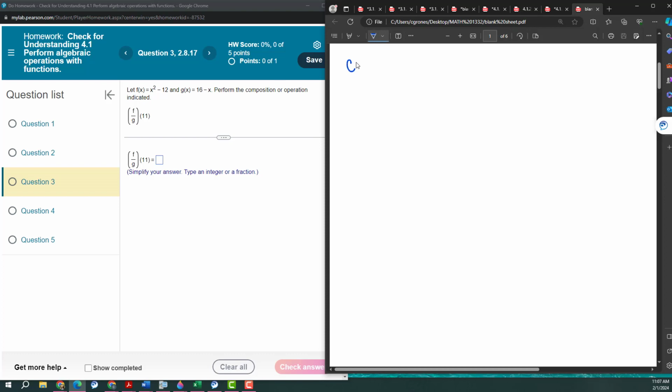So this is the check for understanding 4.1, and this is number 3. And so we have that f of x equals x squared minus 12, and then g of x equals 16 minus x. And then we have f of g and then 11.